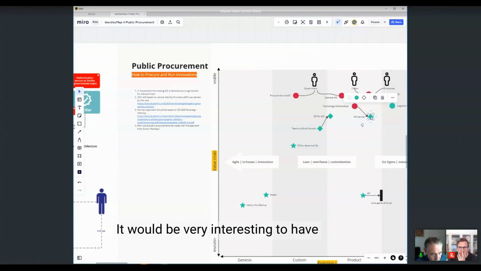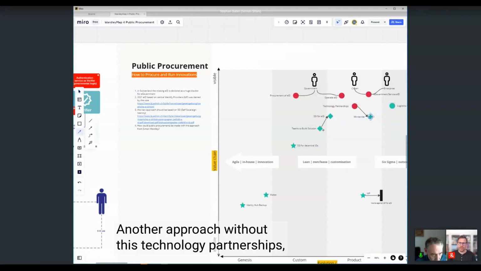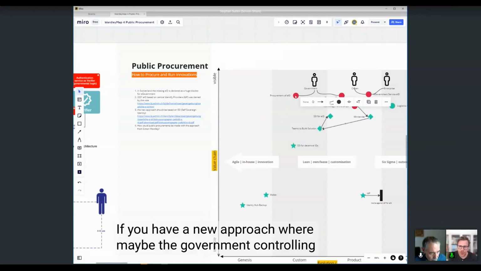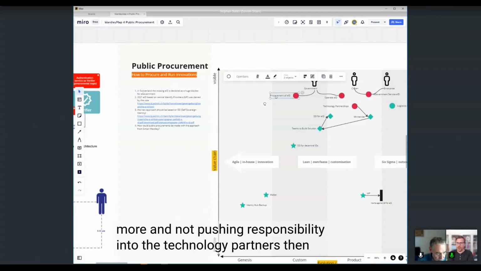It would be very interesting to have another approach without these technology partnerships, and it would need something like a new approach, where maybe the government controls more and does not push responsibility onto the technology partners.